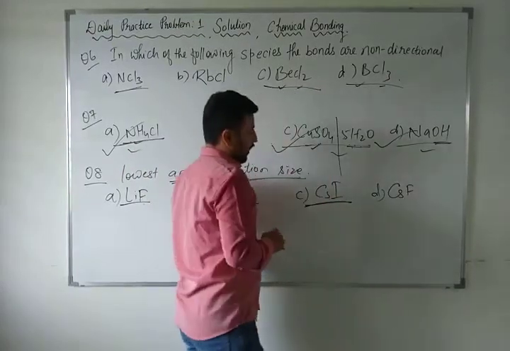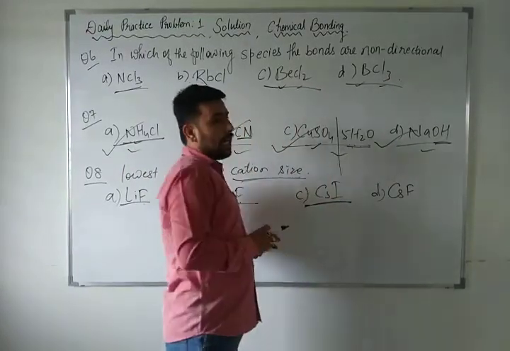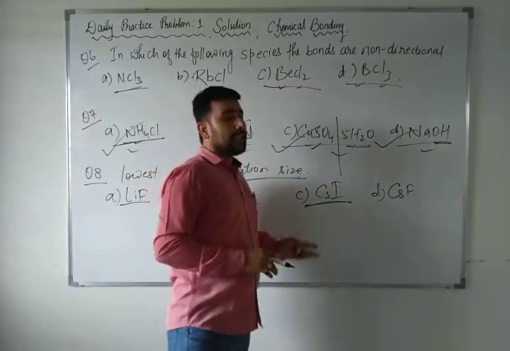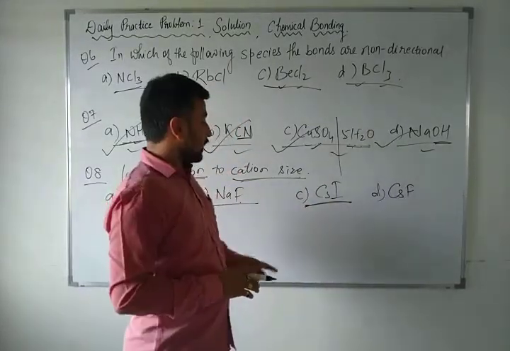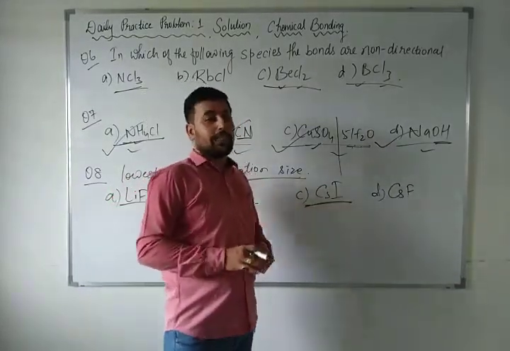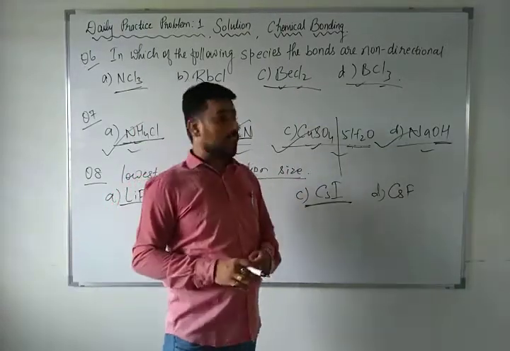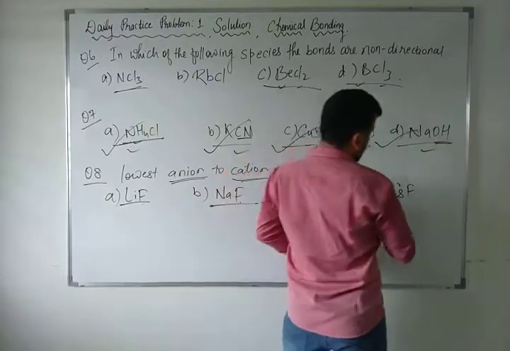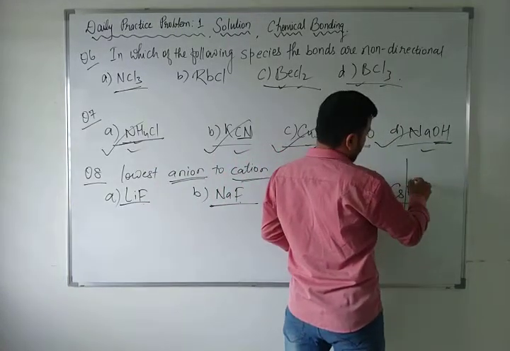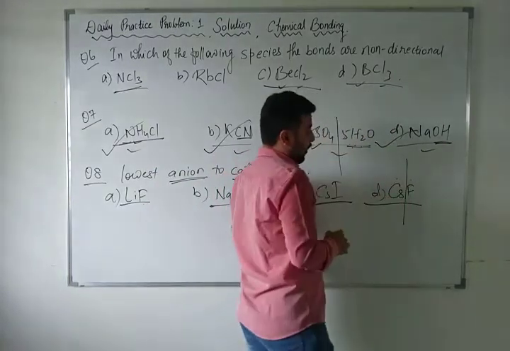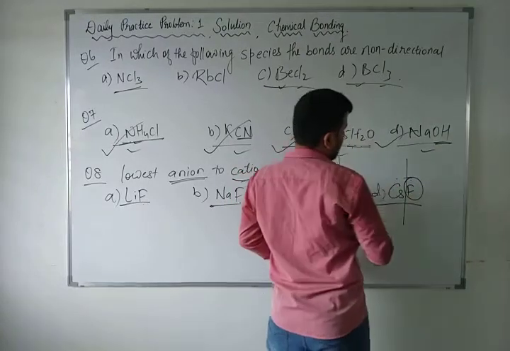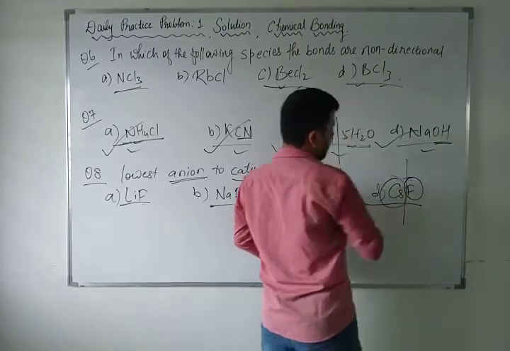Cesium and iodine: cesium is sixth period and iodine is fifth period. Cation size is very large and anion size is also very large. Cesium fluoride: here fluorine is the second period element and cesium is the sixth period element. So here anion size is very low and cation size is very high.